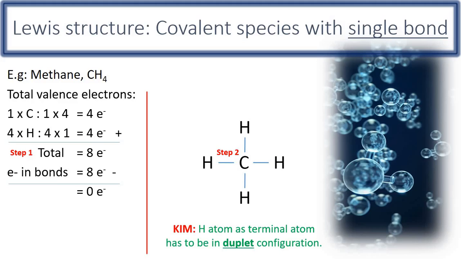Please keep in mind, hydrogen atom as terminal atom has to be in duplet configuration only, and there are no remaining electrons. Therefore, we can skip step 3 and step 4. There we have it, the Lewis structure of methane. Easy, isn't it?